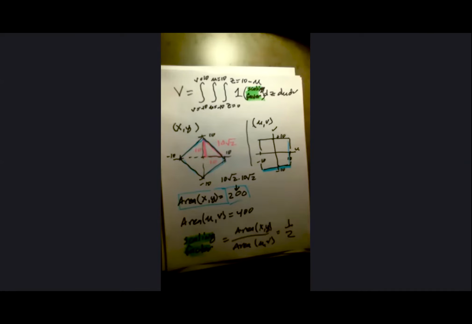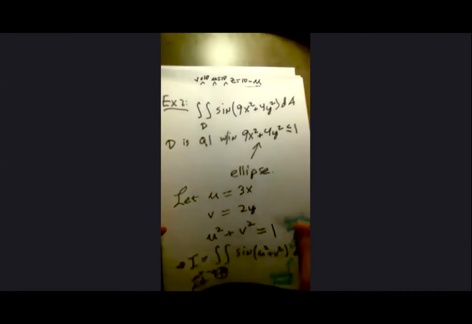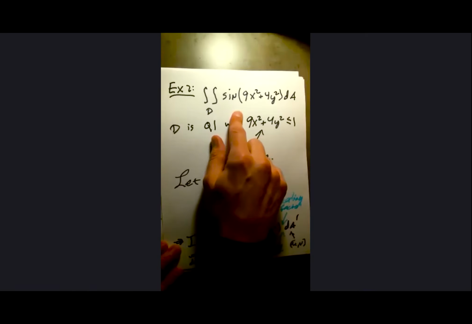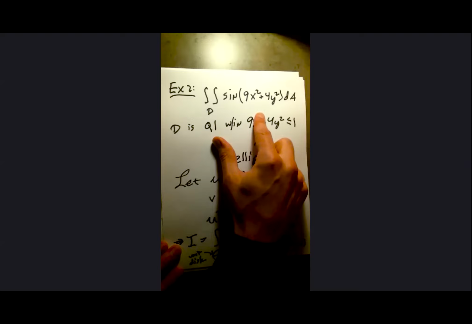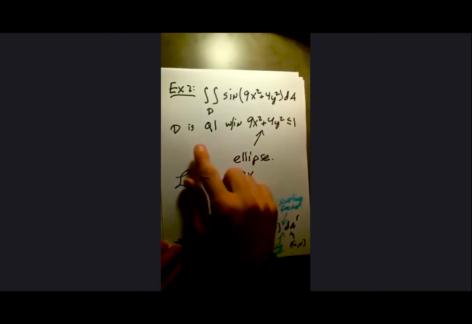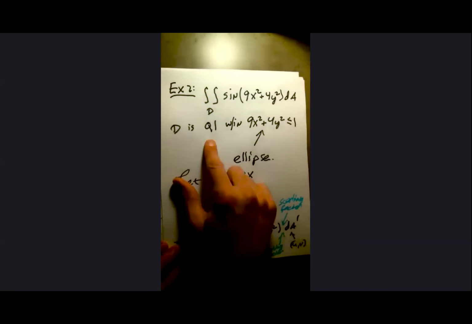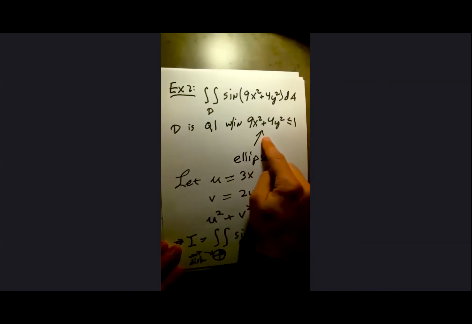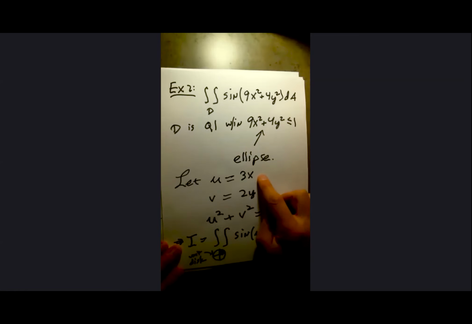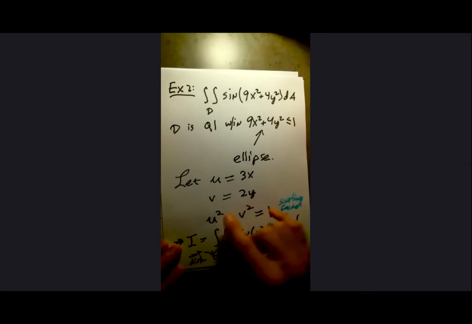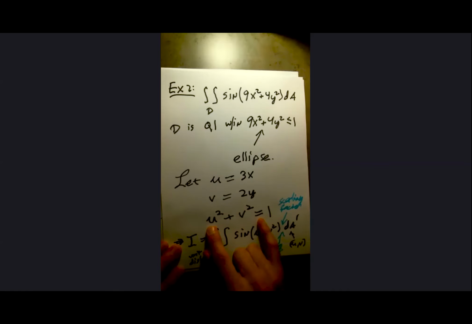In example 2, we had this double integral of sine of (9x squared plus 4y squared) dA, and we were looking across the region D, which was in the first quadrant, enclosed by this ellipse. And so we did this little substitution where we let u equal 3x and v equal 2y, which turned our 9x squared plus 4y squared into the unit circle.